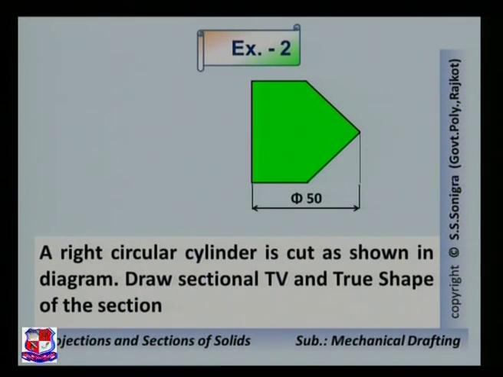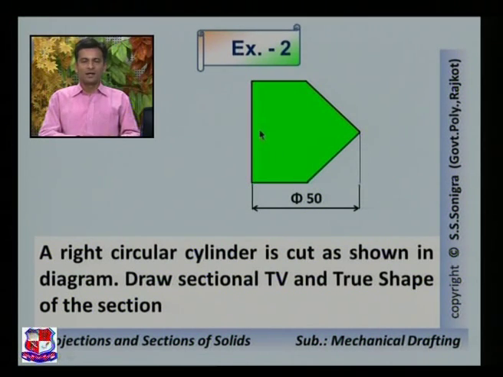A right circular cylinder is cut as shown in the diagram. Draw the sectional top view and true shape of the section. Here 550 is written. Nothing is mentioned over here. And we have to assume that this is the cutting portion, and this angle is 45 degrees.